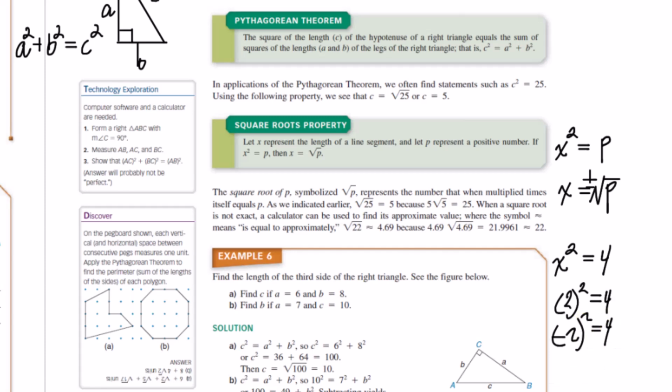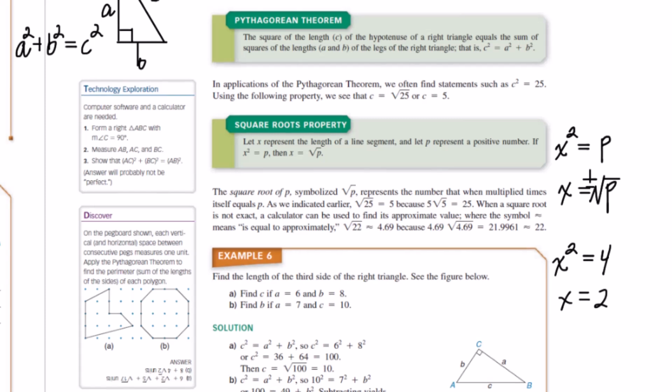However, for this property they just gave us here, they're not telling us the negative. They're just going to say this is equal to 2, because when we're dealing with triangles, like in geometry, we're not dealing with negative angles or negative side lengths. Everything's positive in geometry in that sense.